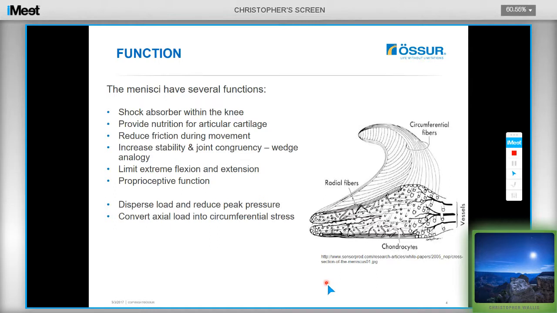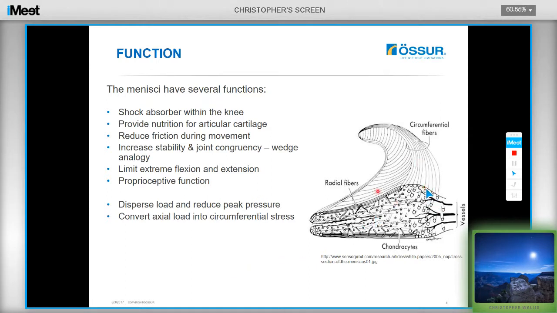Similar to our annulus fibrosus in our intervertebral discs, which are able to convert that axial load into circumferential stress, or if you imagine a balloon in between your hands and squashing it, so it expels out laterally. So these circumferential fibres are able to withstand that axial load and convert it out into this circumferential stress.